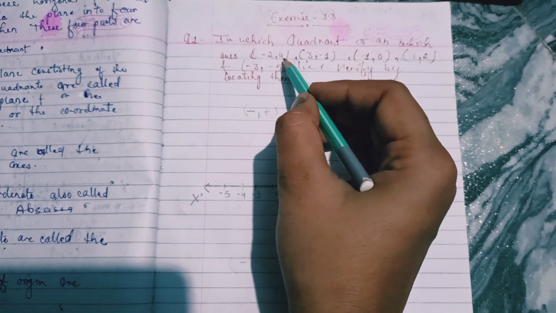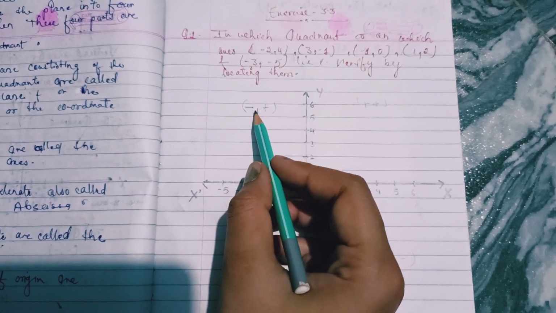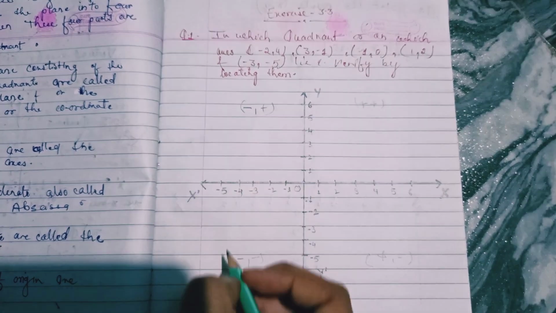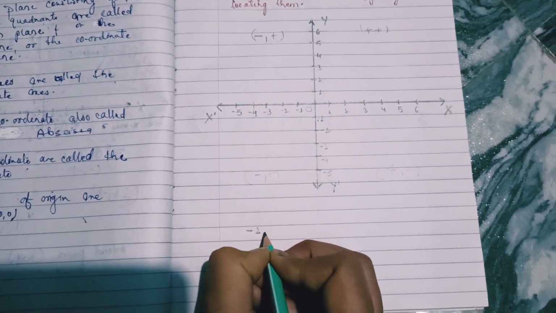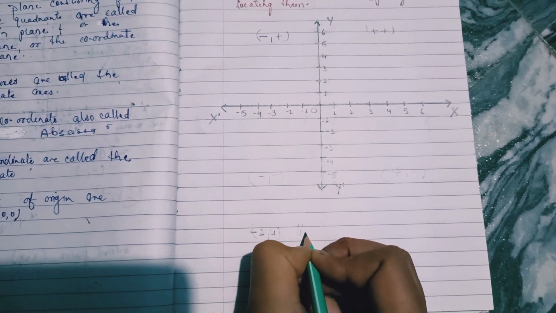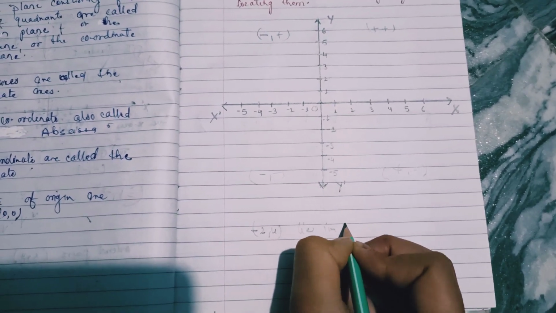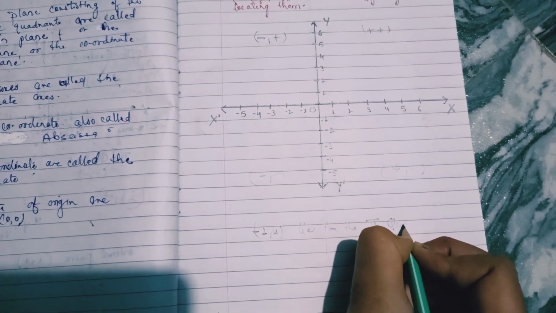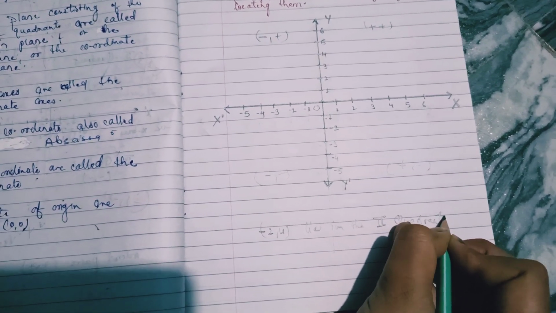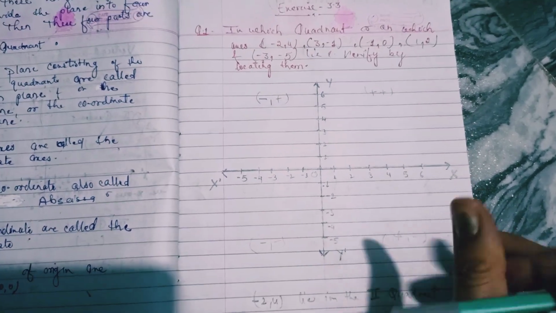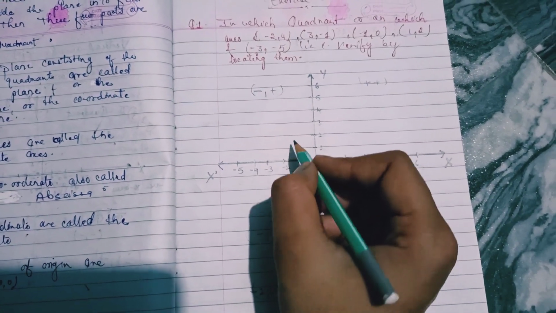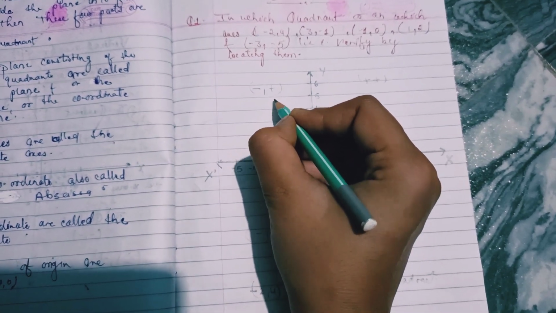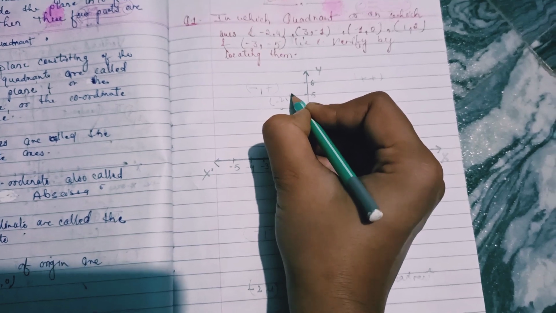So this is minus and plus, which means it must lie in the second quadrant. So you have to mention there that minus 2 and 4 lie in the second quadrant. For verification you can draw it; minus 2 and 4 must lie approximately here. This point is minus 2 and 4.